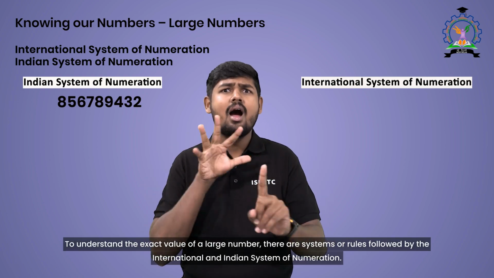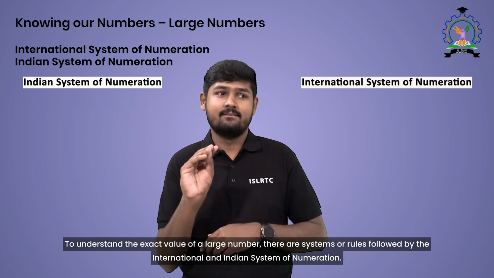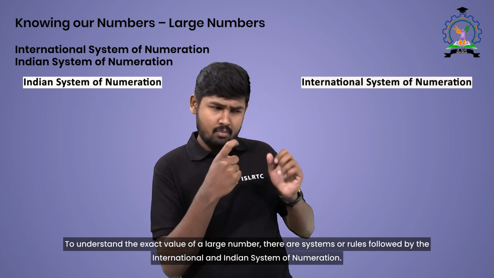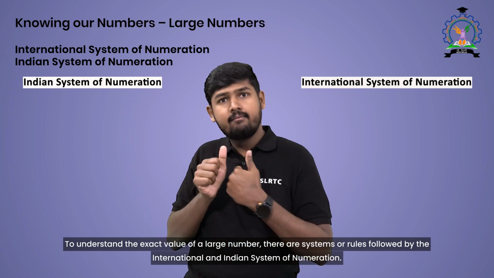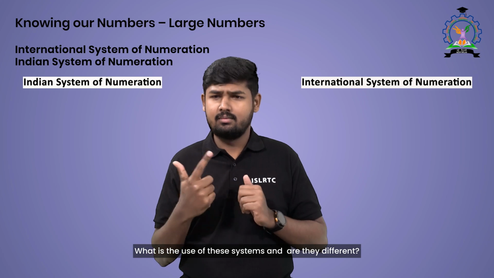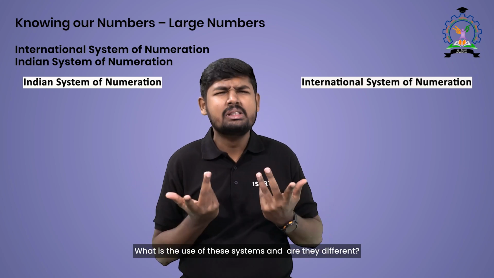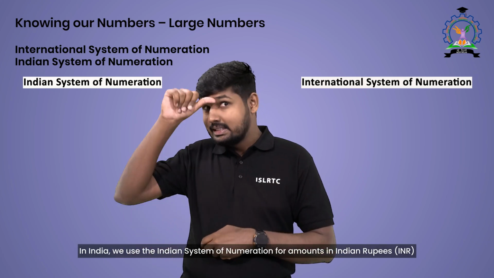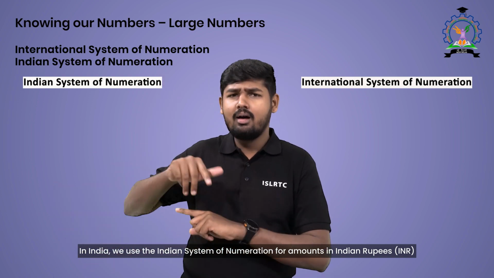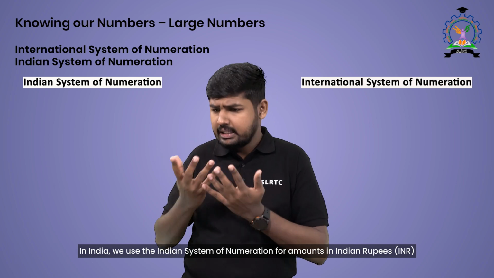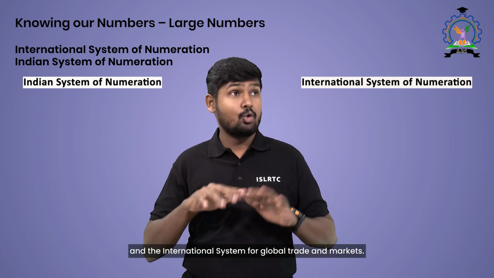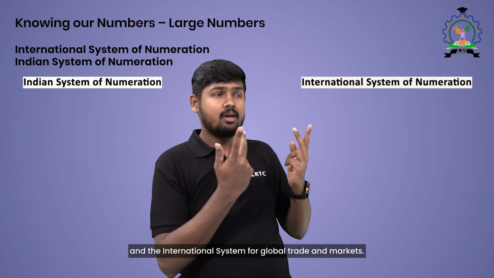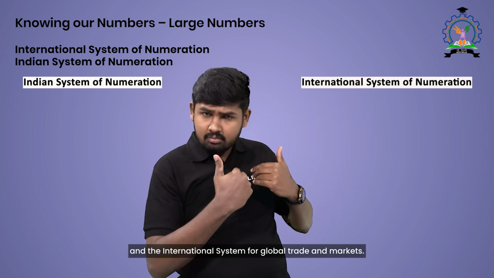To understand the exact value of a large number, there are systems or rules followed by the International and Indian System of Numeration. What is the use of these systems and are they different? In India, we use the Indian System of Numeration for amounts in Indian rupees and the International System for global trade and markets.